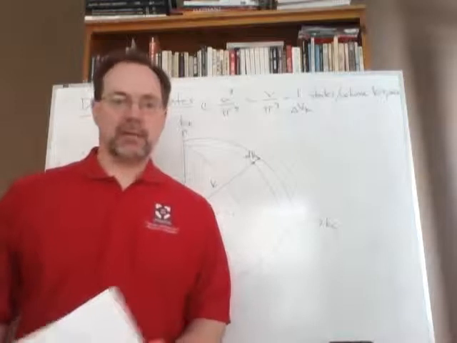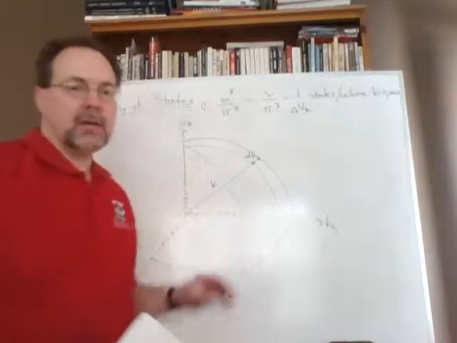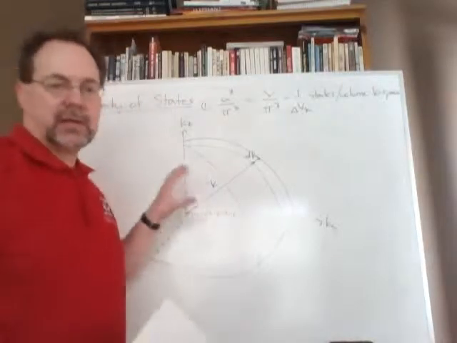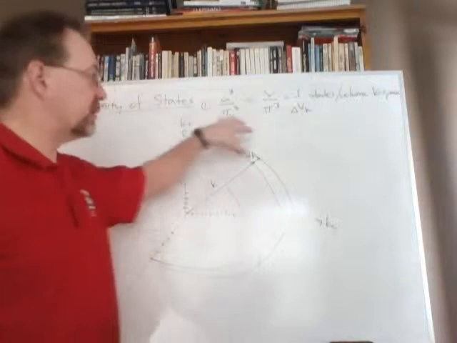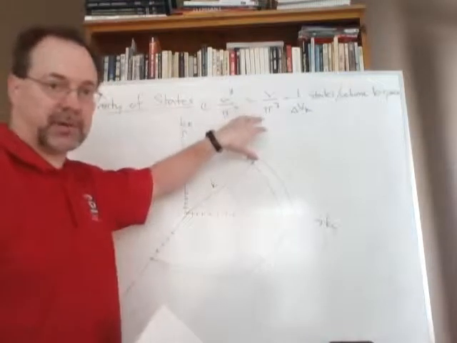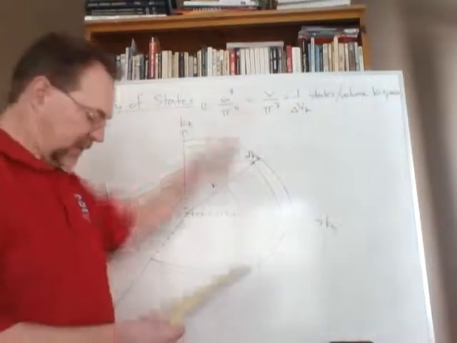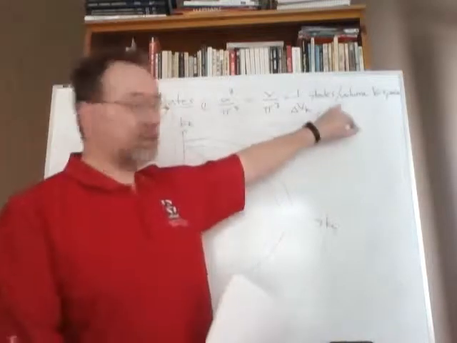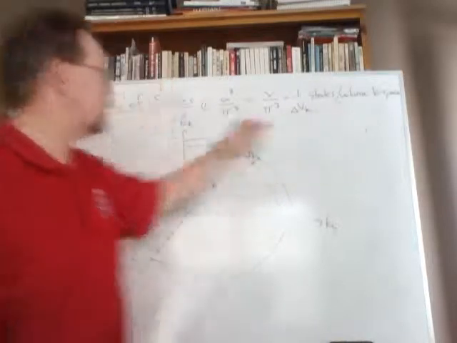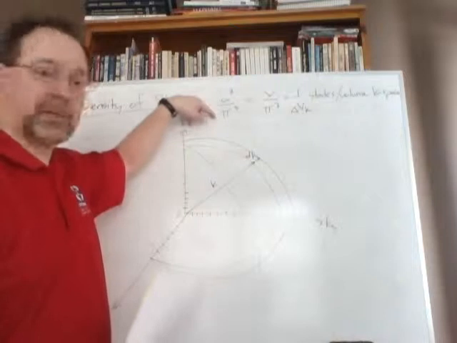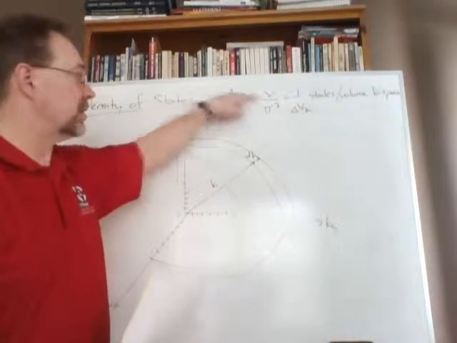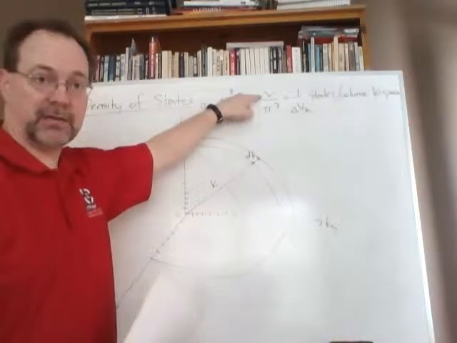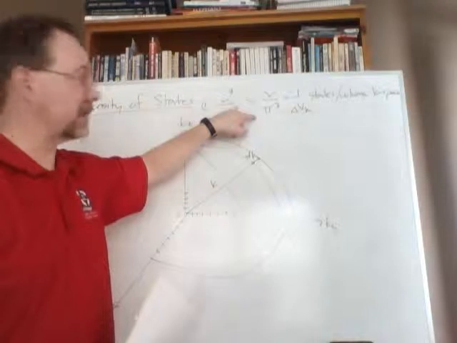Okay, welcome back. We're continuing the development of the density of states function. Last time we concluded from our particle in a box that the number of states per volume in K space is a cubed over pi cubed, or the regular physical volume over pi cubed.